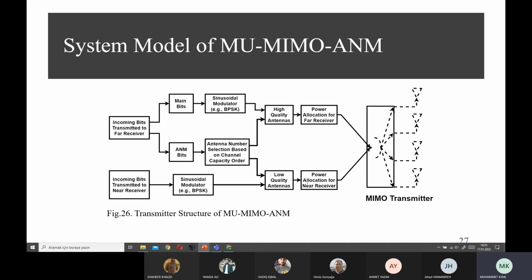Because when we use high power for the near receiver, his data will be reaching the far receiver as well, and this will result in the MUI effect, the multi-user interference effect, and we don't want our far user to be affected by that. So we are using low power here, and we are basically concluding our transmission.